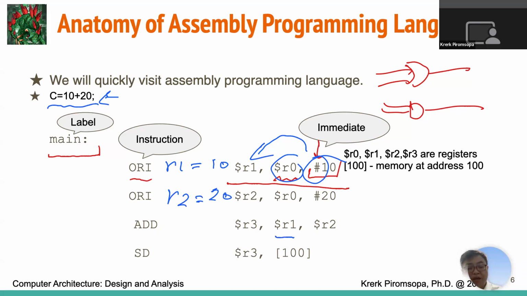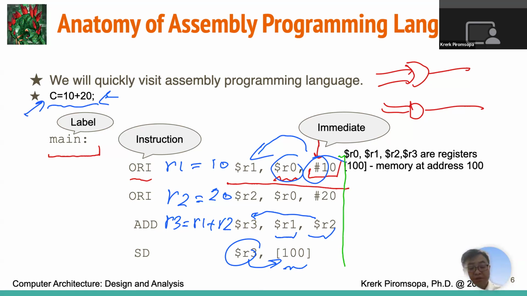Then let's add R1 and R2 together, put it in R3. All right, we write in assembly language and then store it to the memory, assuming that C is at memory 100. The address of C is 100. So store it back to the memory. So one instruction that you write like this would translate into assembly language like this. 4 instructions.